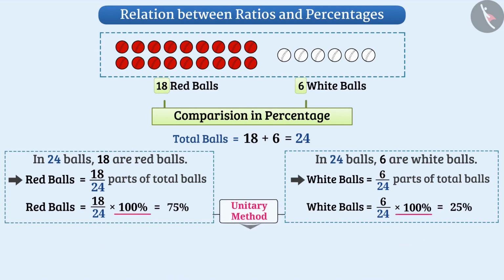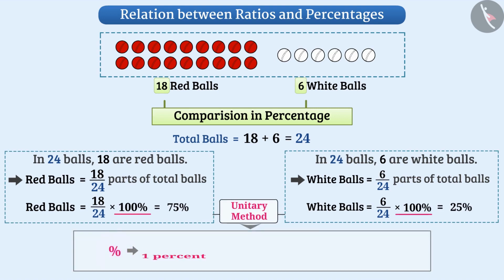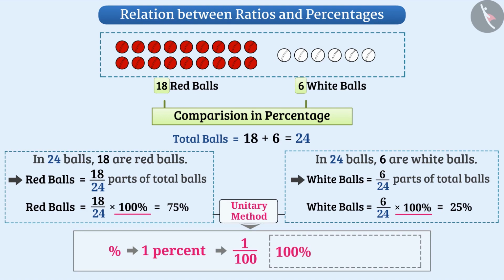Remember that the percent sign represents a percentage, that is 1 divided by 100. So when we say 100%, it means 100 multiplied by 1 divided by 100 is equal to 1. So there is no change in the value of the number and we can express the number in percentage.